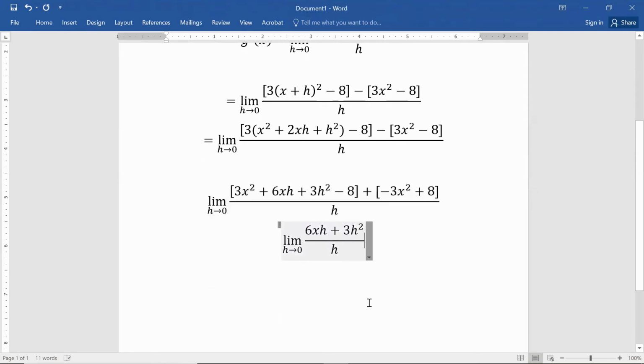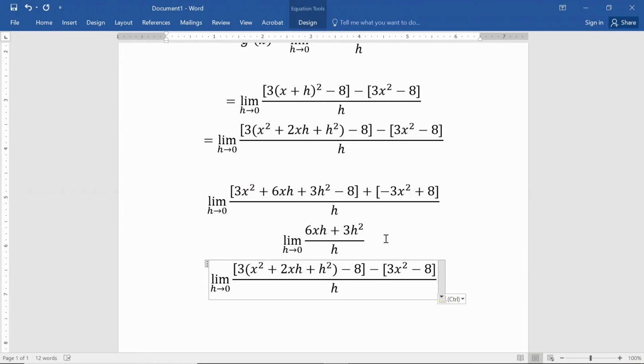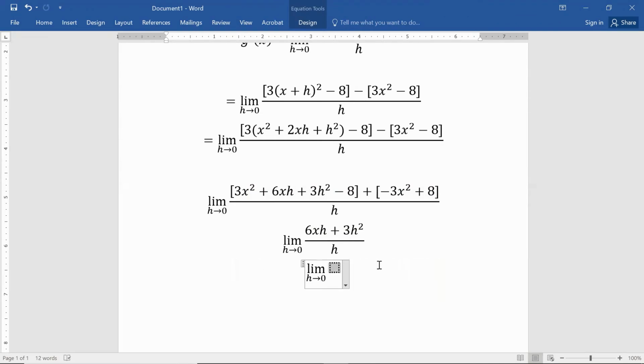Notice once again, every term on top ends up having the letter h in it. And so this limit is equal to the limit as h goes to 0 of 6x plus 3h.